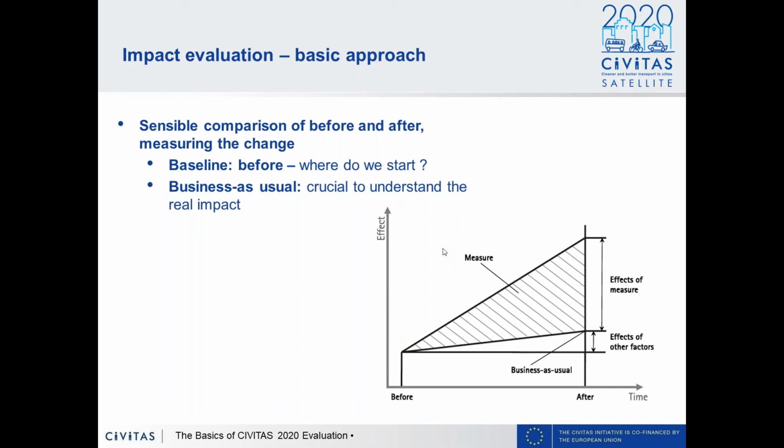The example I gave at the beginning of this webinar is one where it's important to describe that business as usual, because this shows that even at the end, we maybe have an impact which looks negative, but in reality, it's really positive. Because if we hadn't done it, the situation would be much, much worse. And then it's important to have a business as usual situation.